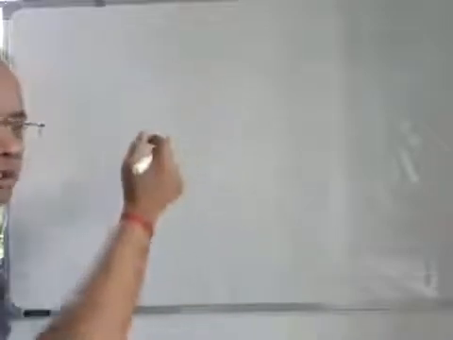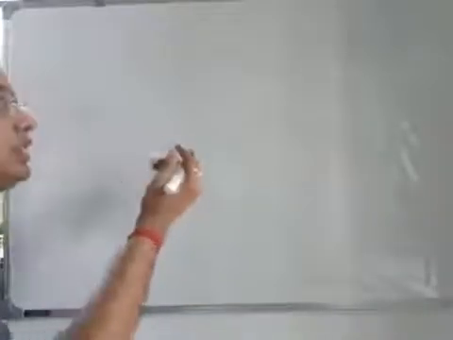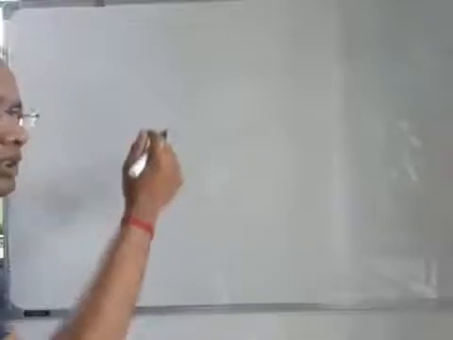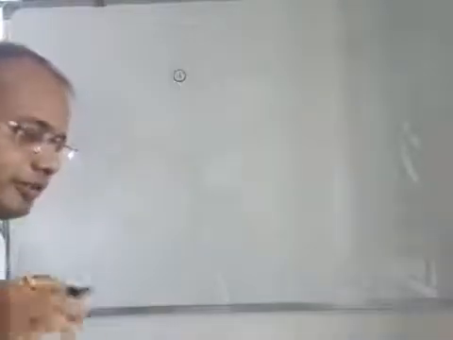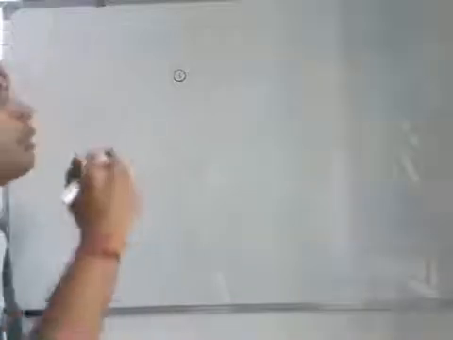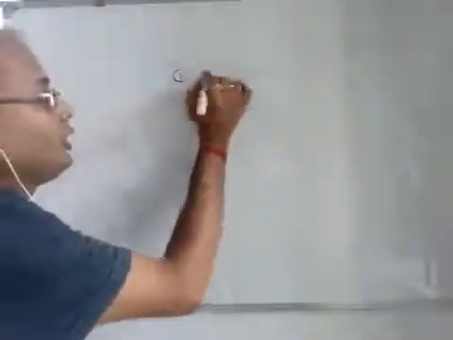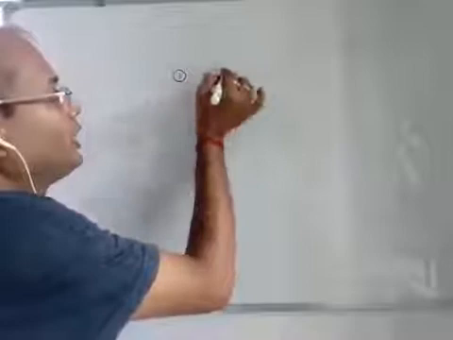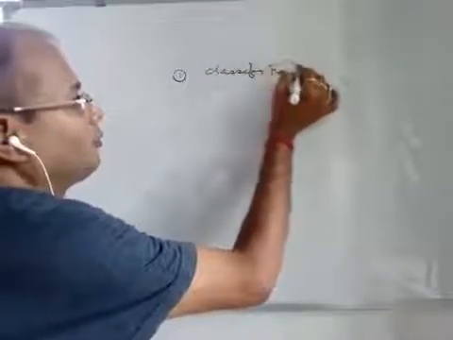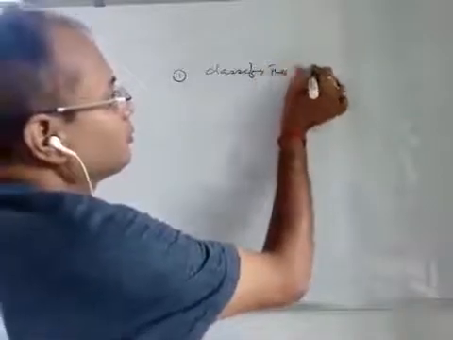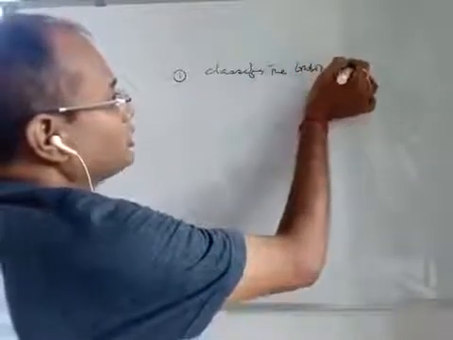So it's time to conclude the chapter. That means, based on what we have learned till now, there are different questions coming to my mind, and you have to solve these questions. First of all, classify the control system.